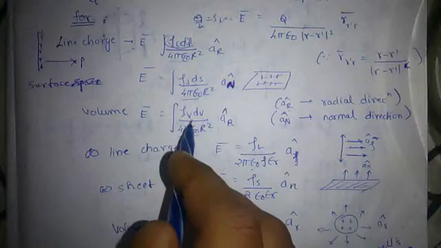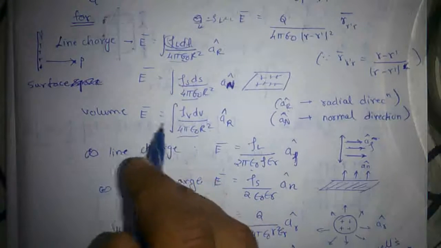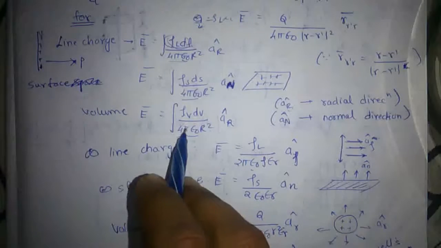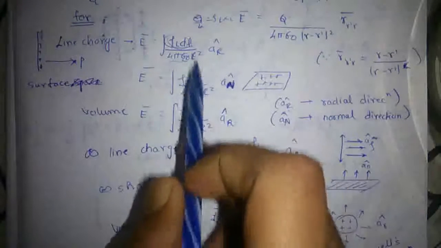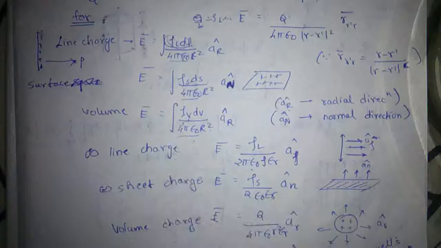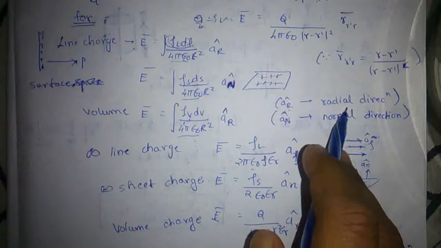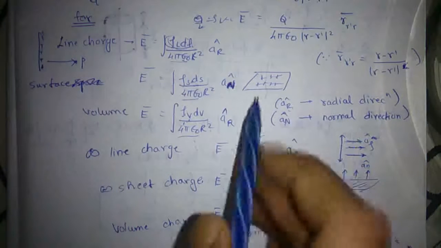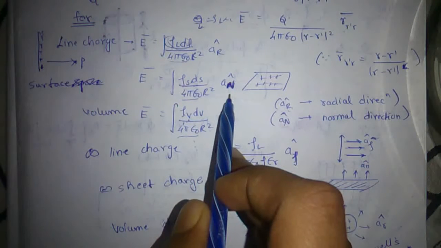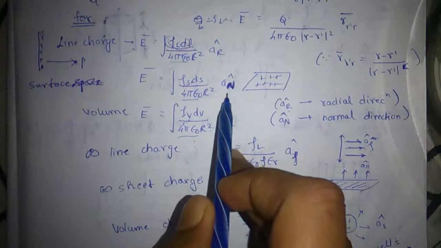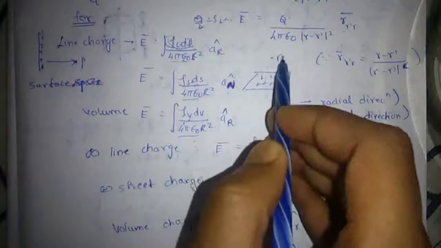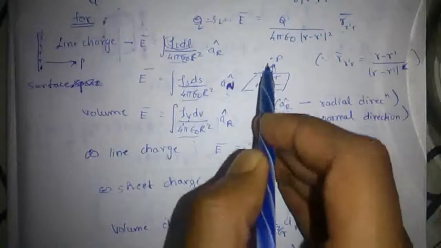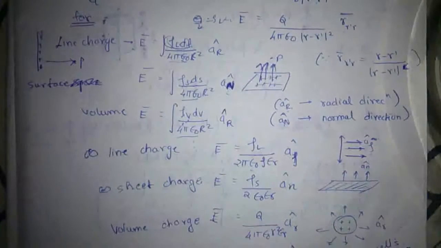Your third one is volume charge density, the electric field due to volume. The similar method which was used in the above two cases is also used here. Now, AR cap is the radial direction from that particular point and AN cap is the normal direction. In any surface, the surface is defined by its normal. So the electric field intensity at point P will be along the normal to the sheet or the surface.